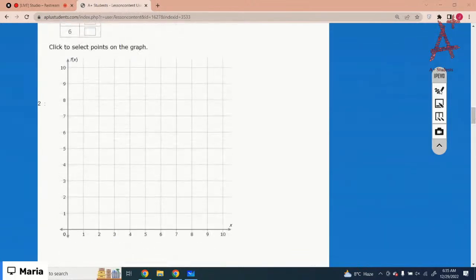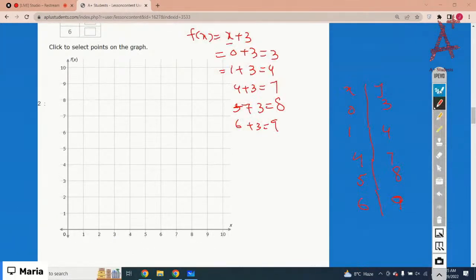Got it? Okay, let me just plot these points on the graph. X is 0, y is 3. X is 1, y is 4. X is 4, y is 7. X is 5, y is 8.